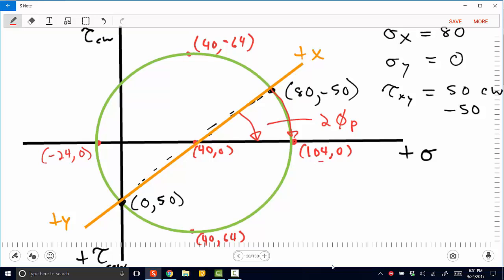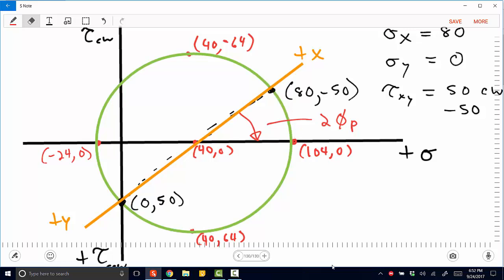Similarly, if we go the opposite direction and rotate from here to here, we would then be approaching sigma 2, so we would have phi p2. So for each of these, we can very easily understand what angle we're finding by what value of stress we are approaching.